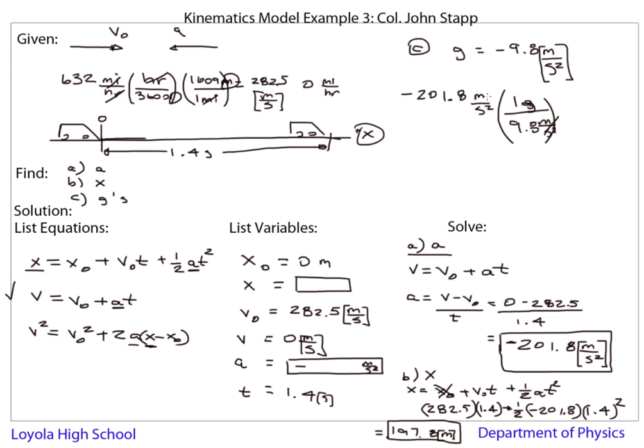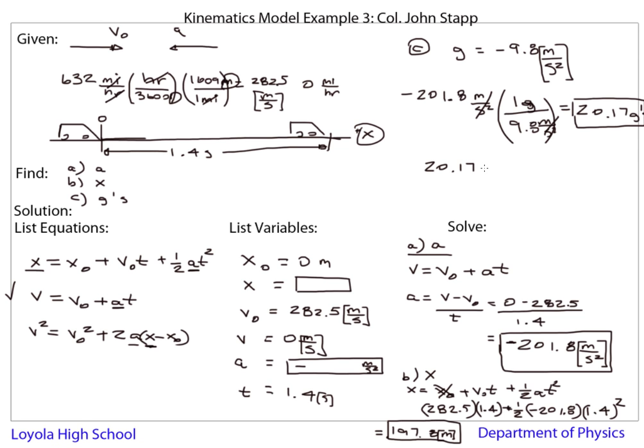So the meters per second squared cancel. And this comes out to a value of about 20.17 Gs. So let's think about that. 20.17 Gs.